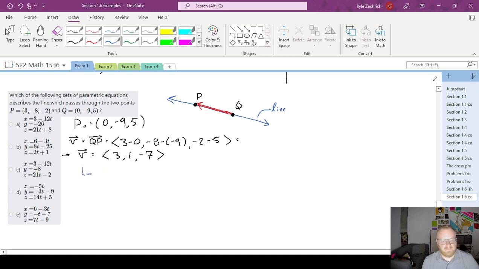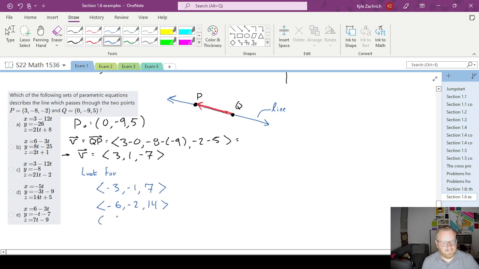We are looking for 3, 1, negative 7. We're looking for negative 3, negative 1, positive 7. We are looking for negative 6, negative 2, positive 14.